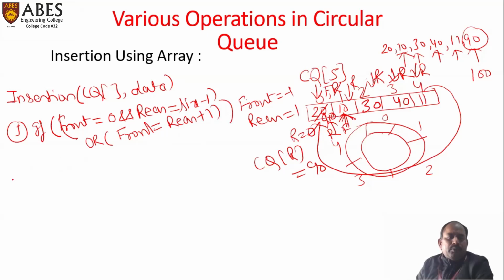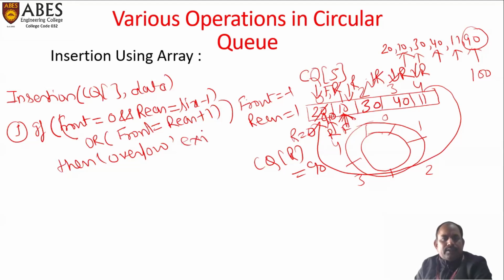Both cases we have to consider in the case of a circular queue, and then we print overflow. This is an important situation in the case of a circular queue, where we have to check the overflow case using these two conditions: front is equal to 0 and rear is at size minus 1, or front is equal to rear plus 1, then overflow occurs.